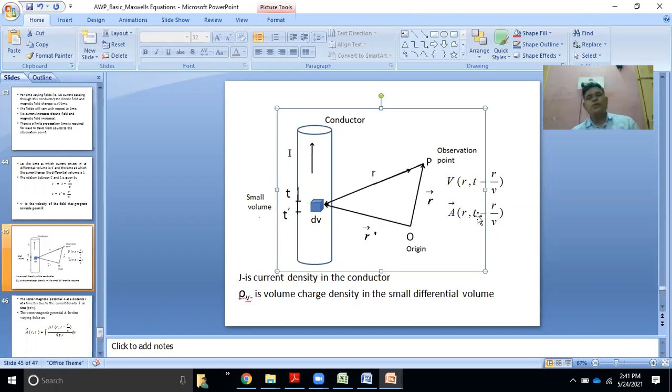Therefore, you can write the vector potential and scalar potential as a function of distance r, comma, T minus R by V.